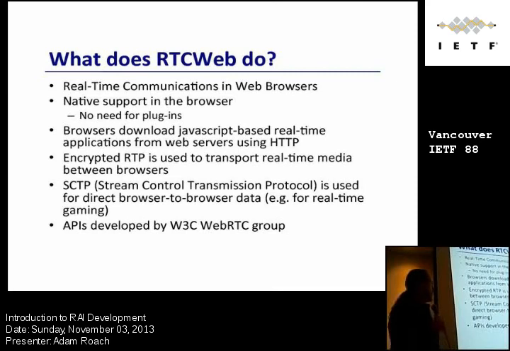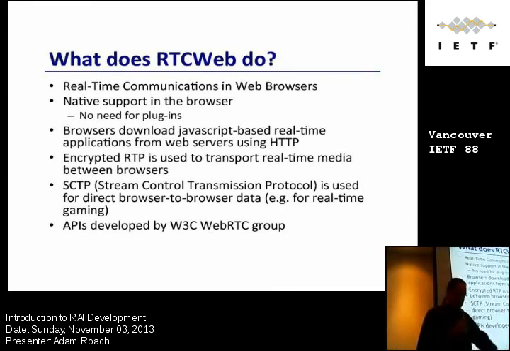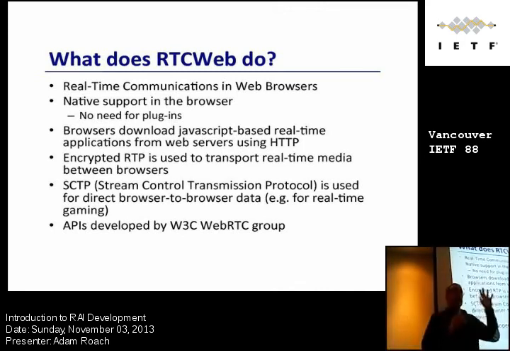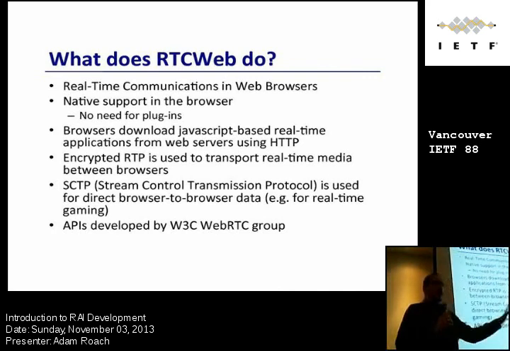The idea is, if you're familiar with overall browser architectures, usually nowadays when you go to a web page, you're getting some HTML, but you're also getting a whole bunch of JavaScript that drives the way the entire page behaves. And these pieces of JavaScript can interact with the web server that they came from to send and receive additional information. The idea here is that we're adding in, and just to back up, the WebRTC and RTC web efforts are complementary, being performed in the IETF and the W3C.